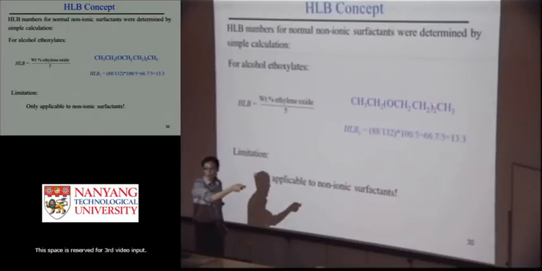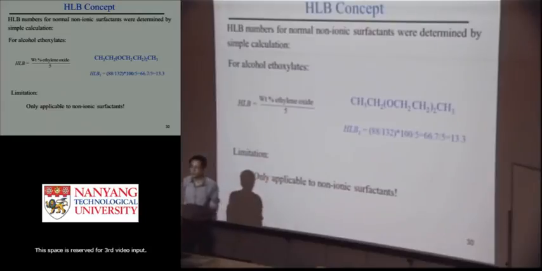Each ethoxy group is 44, so 2 repeating units is 88. Then divide by the molecular weight of the whole molecule, which is 132, multiply by 100%, and then divide by 5. Then you get the HLB value, which is 13.3. This is the way we calculate the HLB value of a non-ionic surfactant.